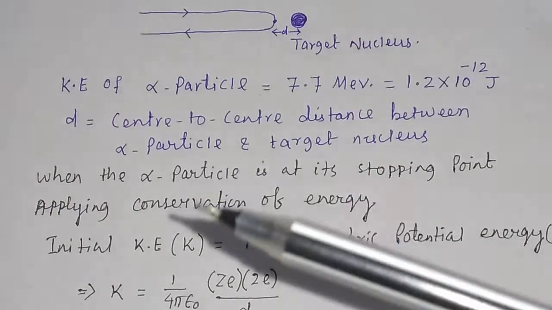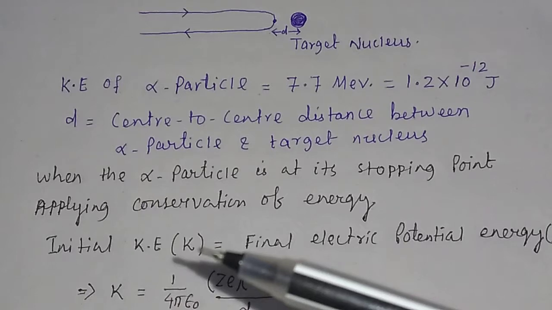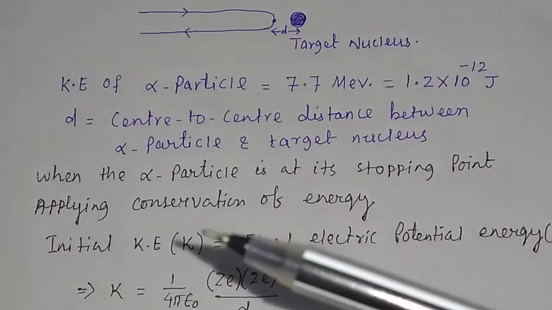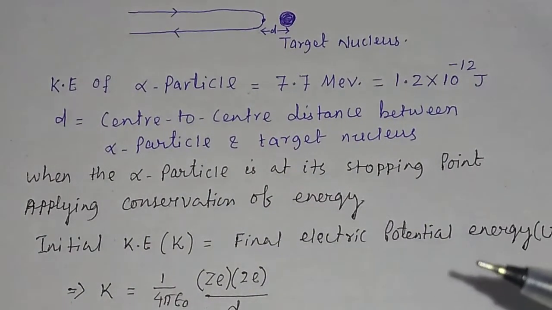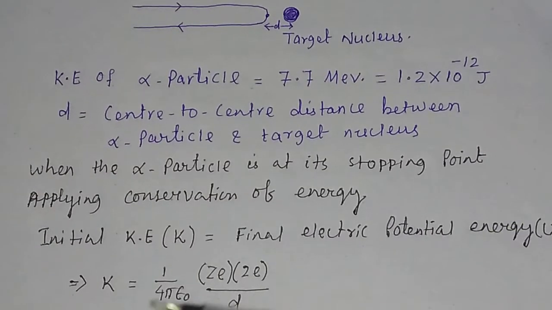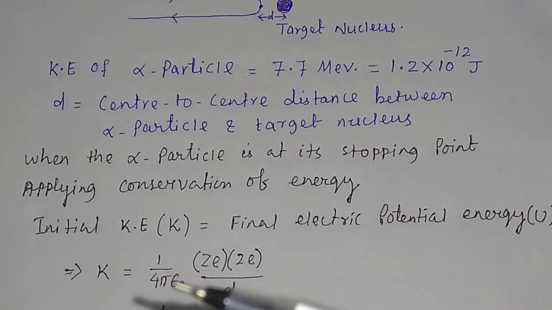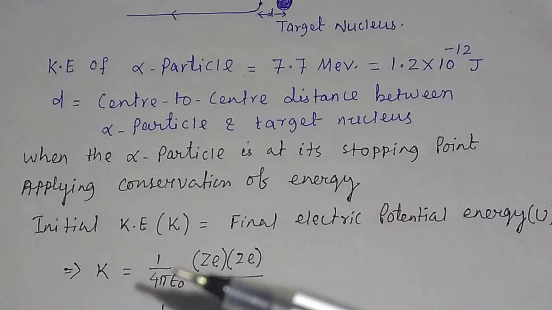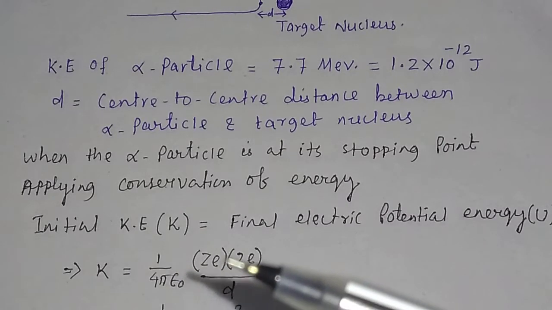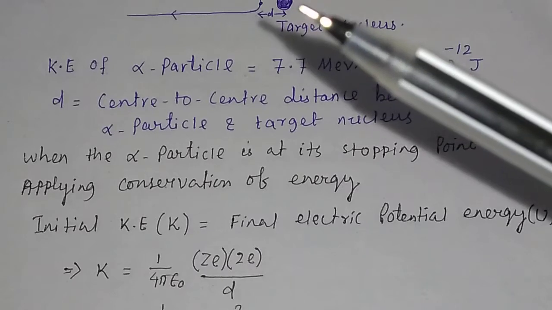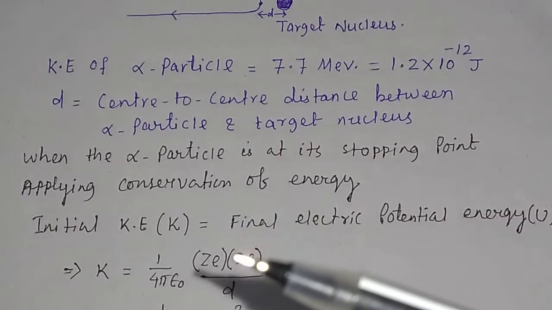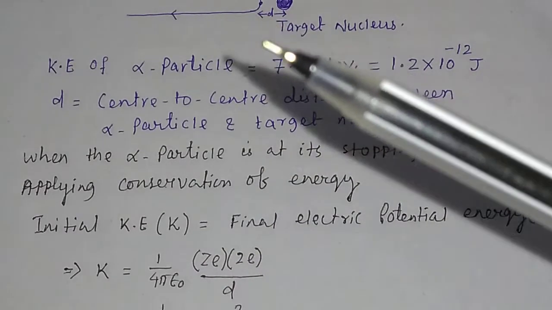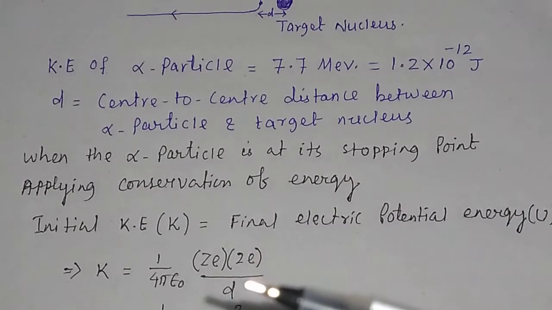Initially the alpha particle has kinetic energy K, and at this distance d, the initial kinetic energy K is equal to the final electric potential energy U. So K is equal to 1 by 4 pi epsilon 0 Q1 Q2 by d. Here Q1 is Ze, taking this nucleus as gold, where Z for gold is 79, and for the alpha particle the charge is 2e.